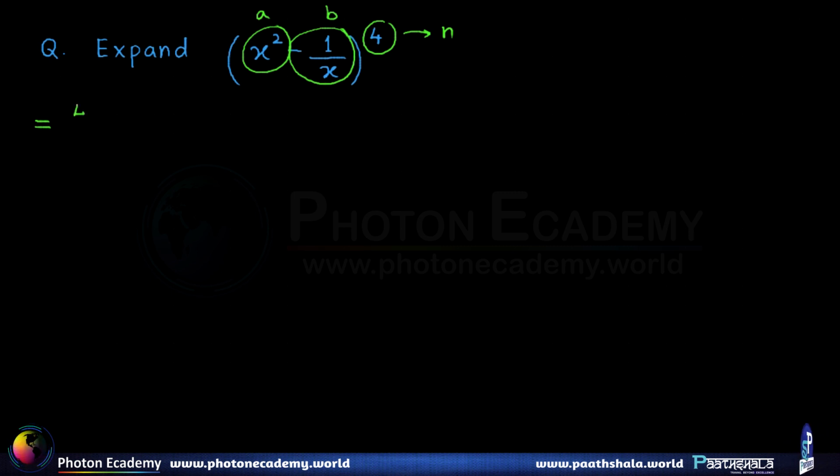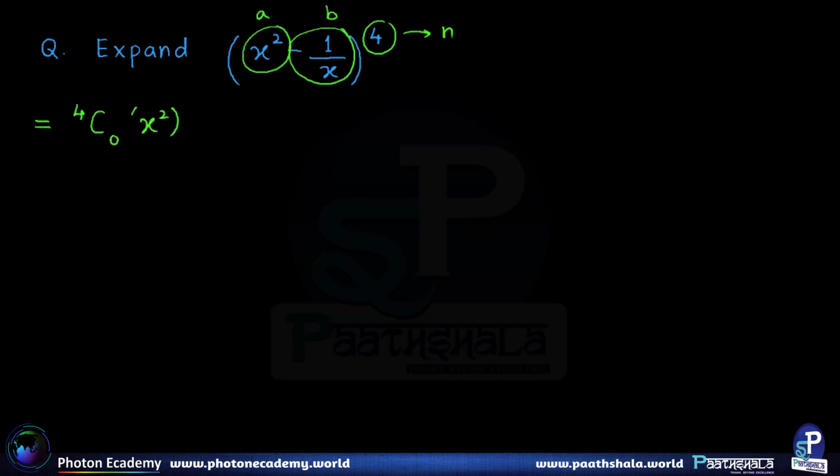So firstly we have 4C0, first term is x square raised to 4, then we have 4C1, x square the whole cube into minus 1 upon x starts appearing, which is raised to 1 anyways.